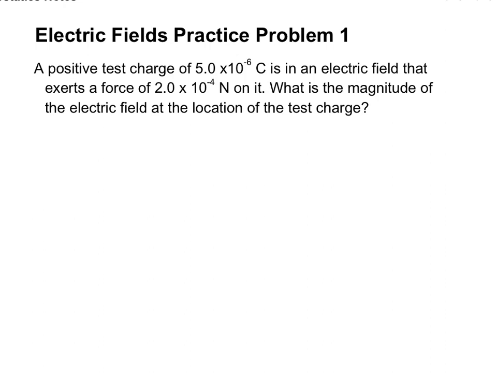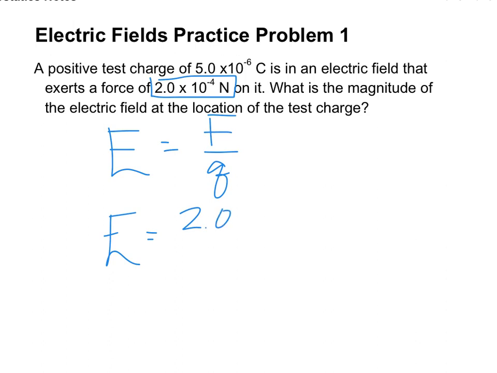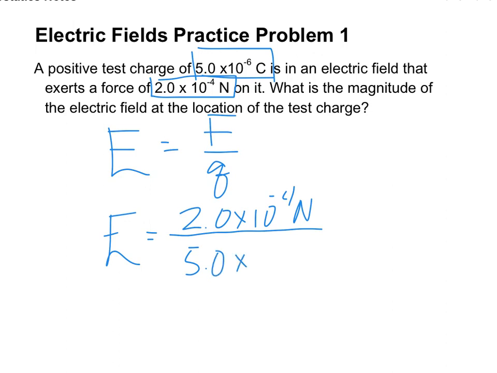So if I want to figure out the electric field here, electric field is equal to the force divided by our charge that's experiencing that force. So our electric field is going to equal our force magnitude, 2.0 times 10 to the negative 4th newtons, all divided by the amount of charge, 5.0 times 10 to the negative 6 coulombs.